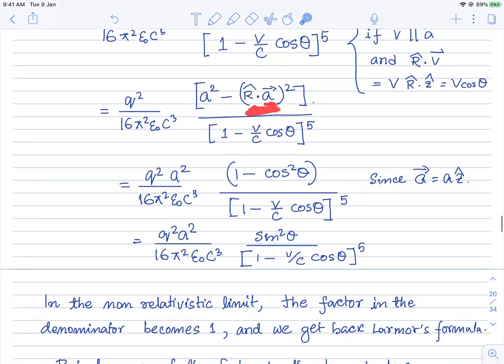So you can take a square outside, and this becomes 1 minus cos squared theta, divided by 1 minus v by c cos theta to the power 5. You see, this factor was 5 because the kappa factor power of 6 reduced to 5 due to the multiplication by the kappa factor.